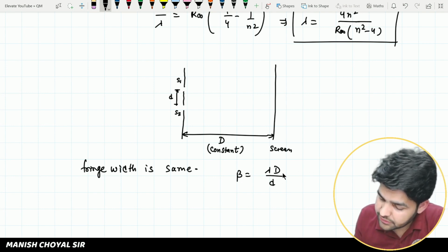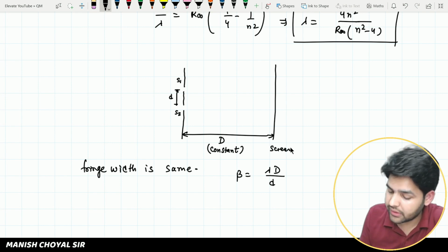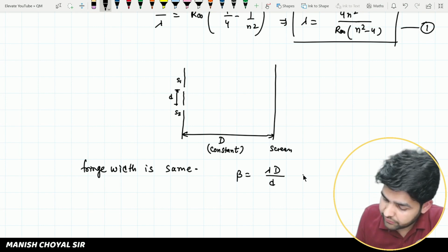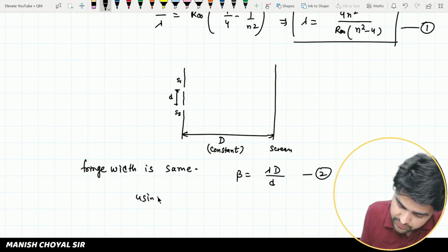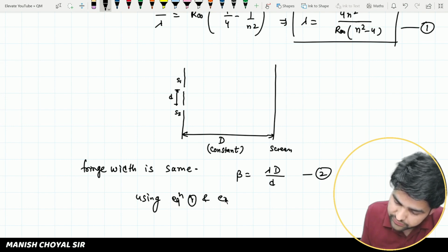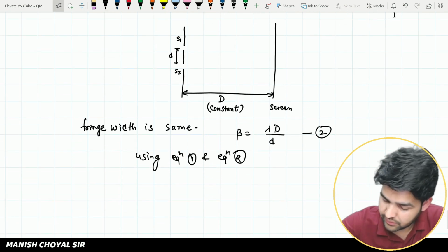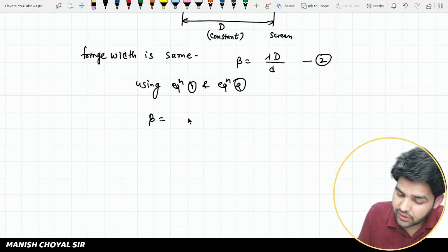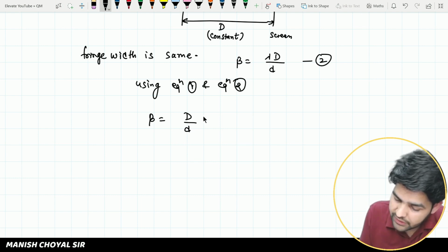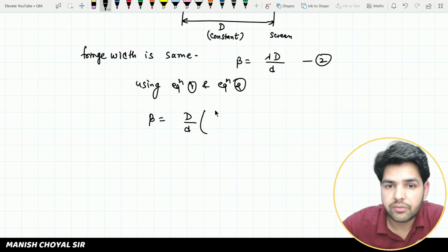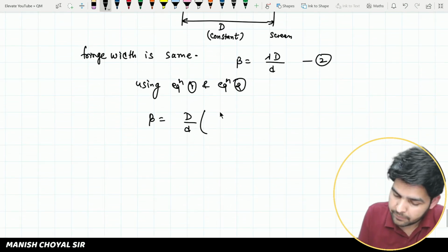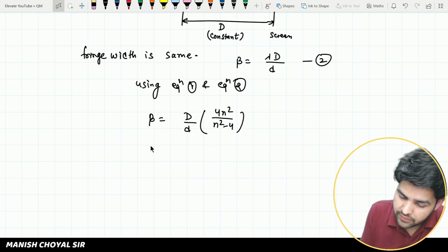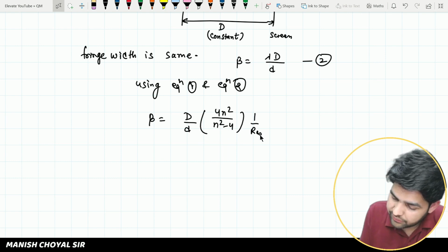Capital D is the distance between the slits and the screen, and small d is the separation between the slits. So using equation number 1 and equation number 2, beta equals lambda, and we have to put the value of lambda, capital D by small d, and equation number 1 is 4n square divided by n square minus 4, with 1 upon R infinity.